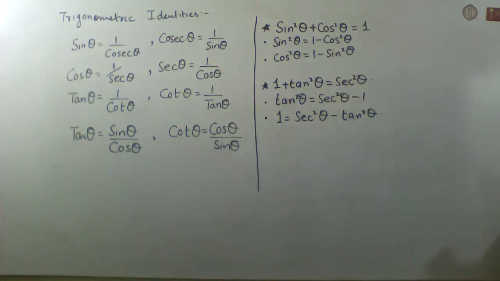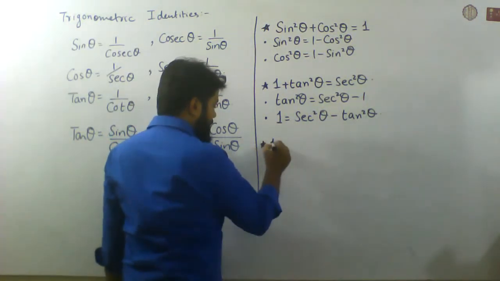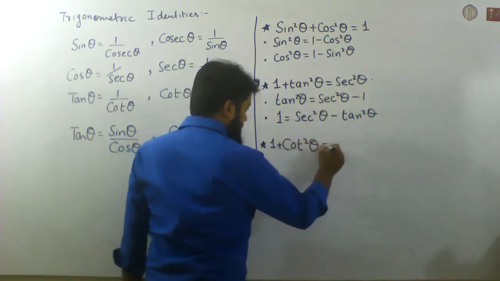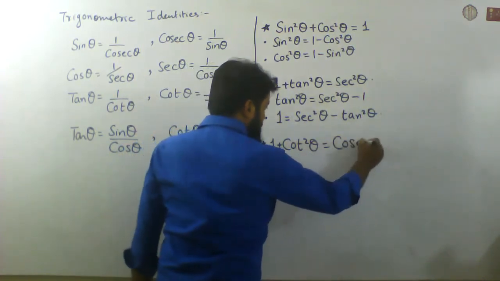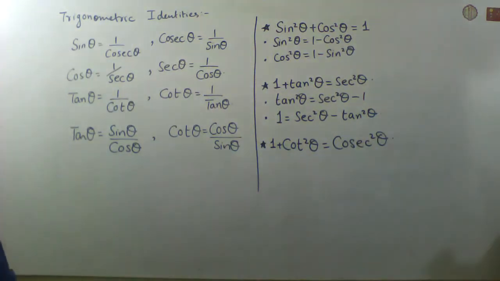The last one is 1 plus cot square theta equals cosec square theta.